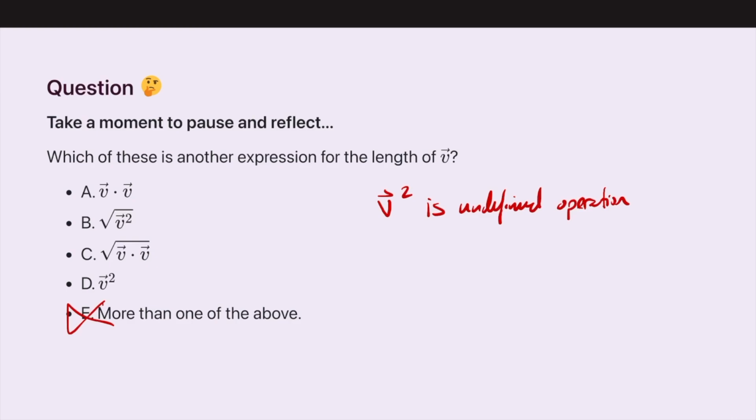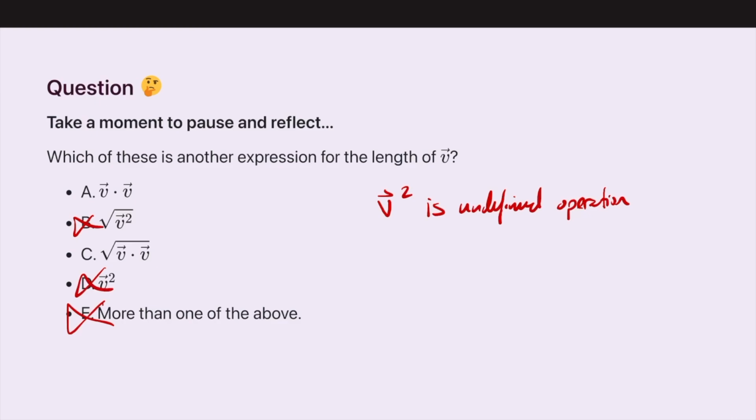Obviously, in Python or computational libraries like Pandas or NumPy, they have operations that allow you to square all the elements of a vector. But by itself, this is not really a defined operation. So you can say B and D are out.